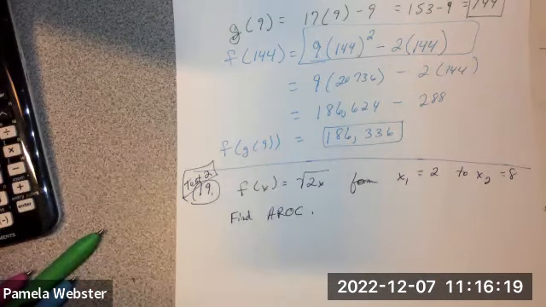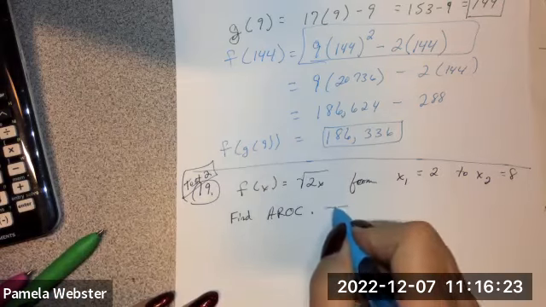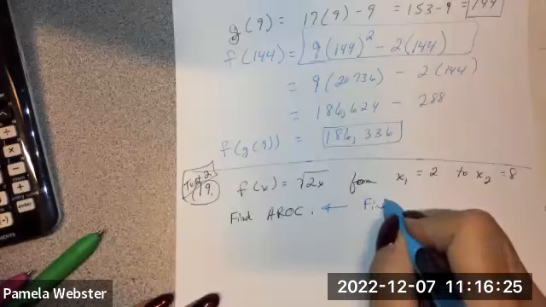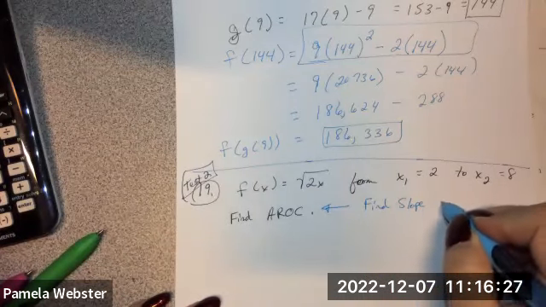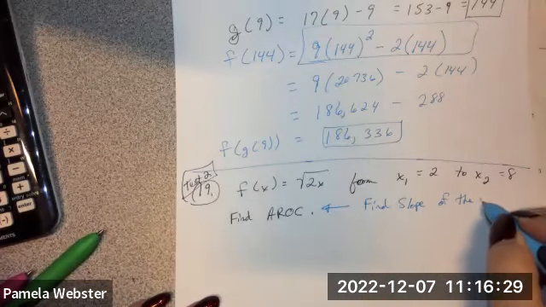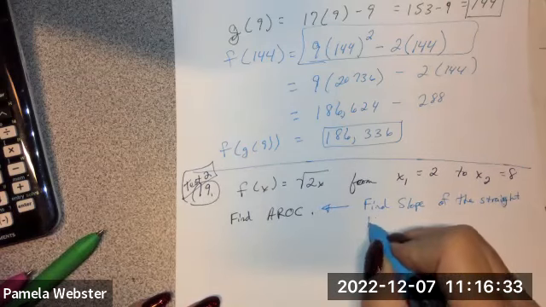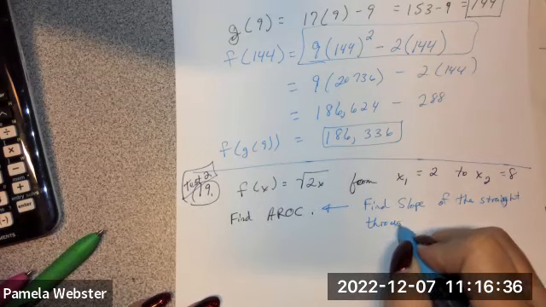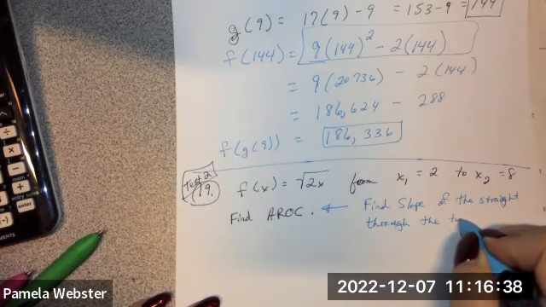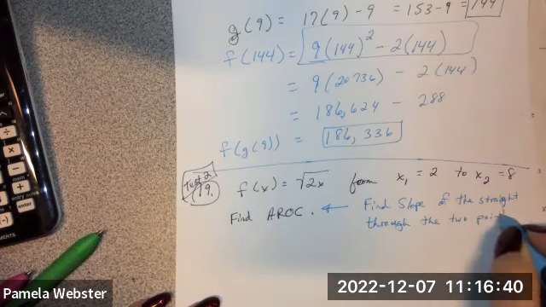Okay, so remember that average rate of change is basically like we're finding the slope of the straight line through the 2 points. Okay.